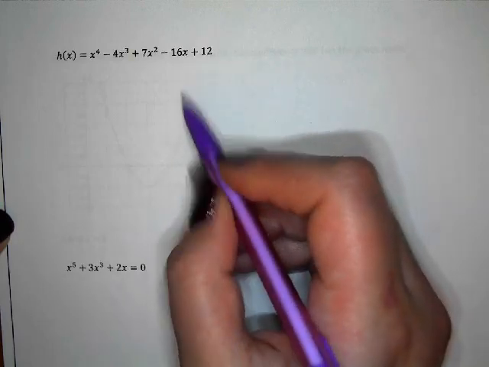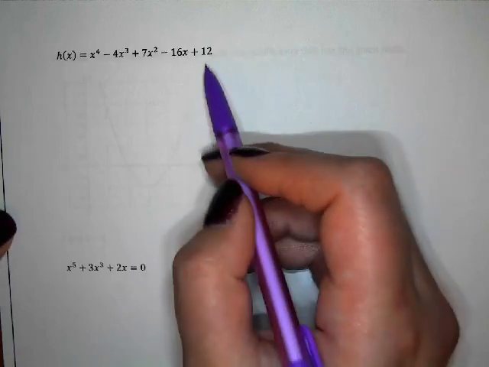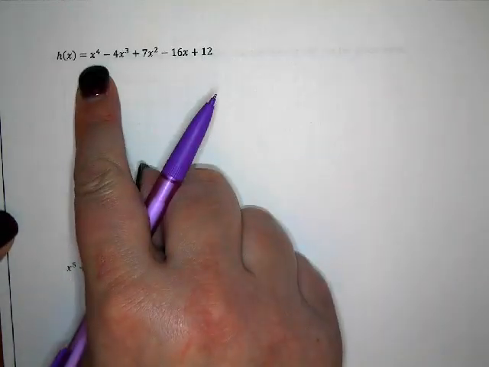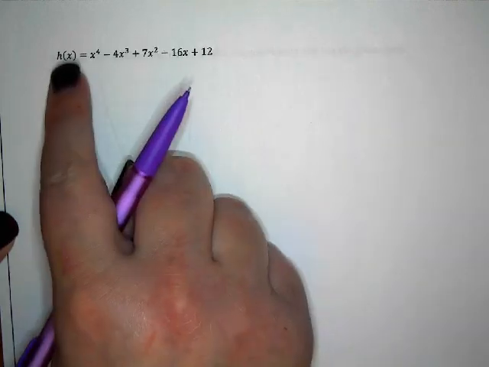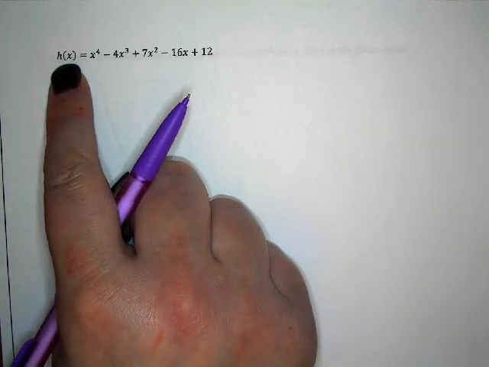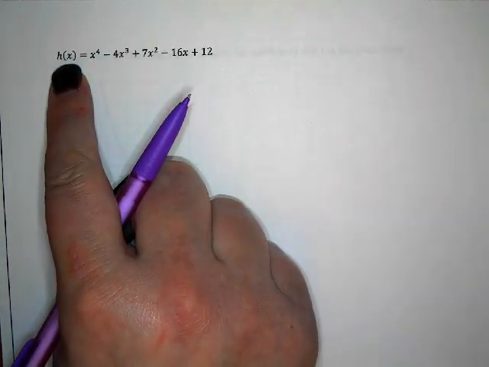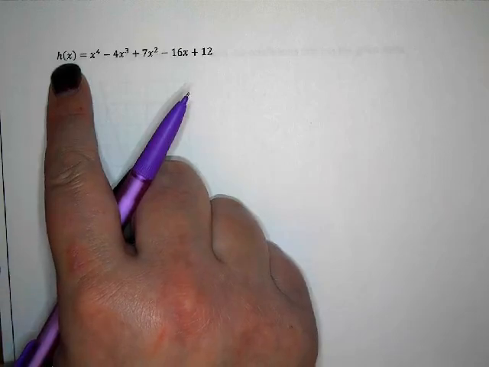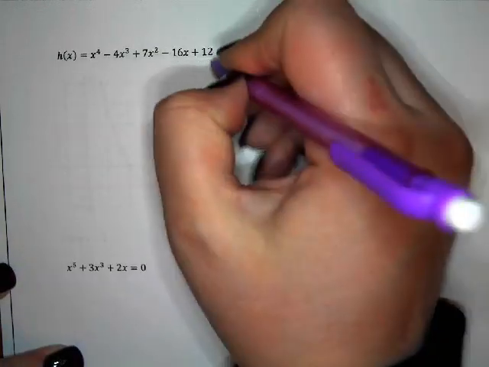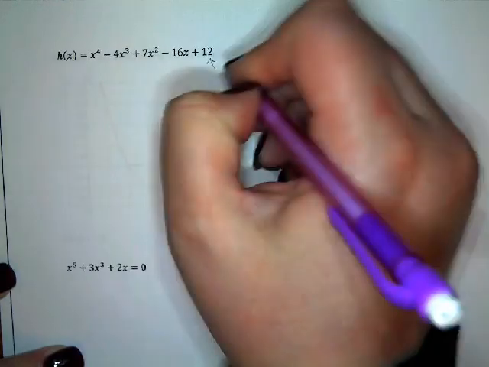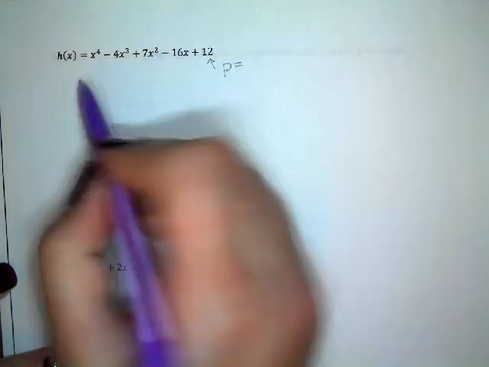So here's another problem with an x to the 4th. This is a polynomial function that we would be graphing, so here we're looking for x-intercepts. I'm just going to go ahead and use the rational root theorem here because I don't know how to factor something that has this many terms.